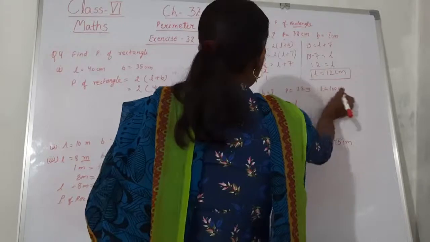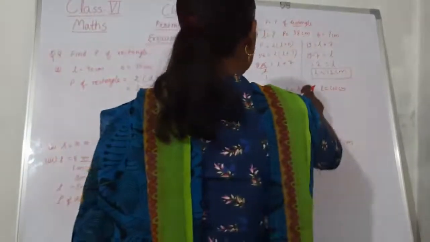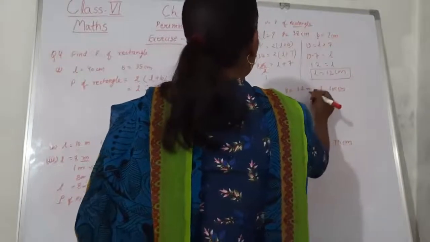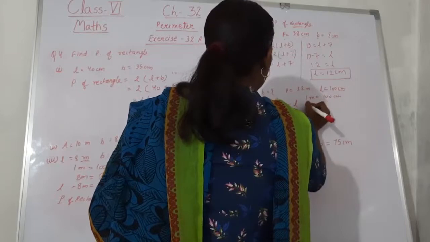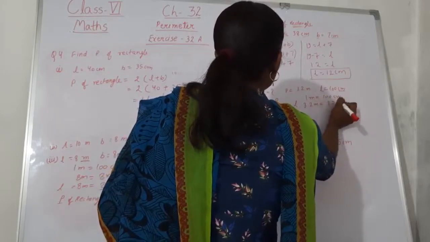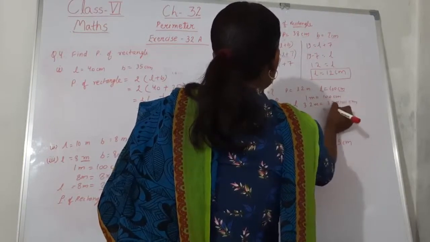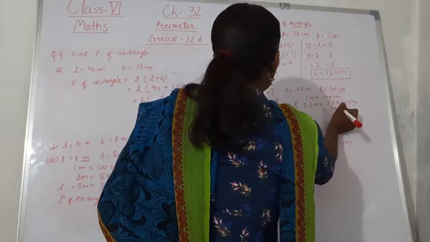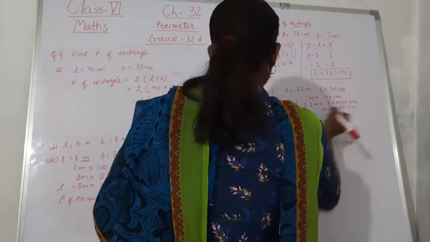This one is in meter, this one is in centimeter. Again do the conversion. I am converting this meter into centimeter. 1 meter is equal to 100 centimeter. So 3.2 meter is equal to 3.2 into 100 centimeter. That means 320.0, with the decimal after the zero, this much centimeter.